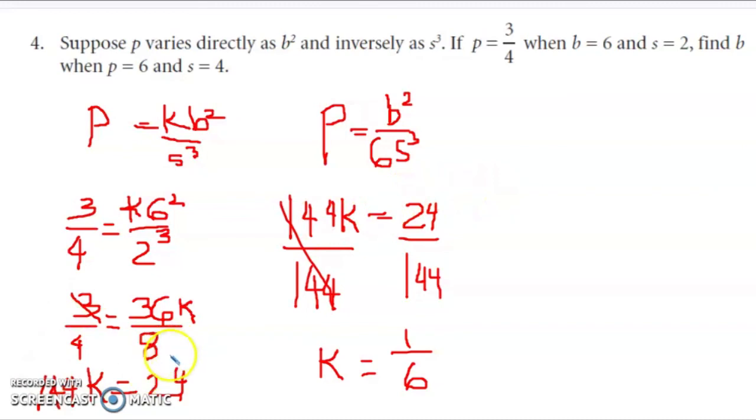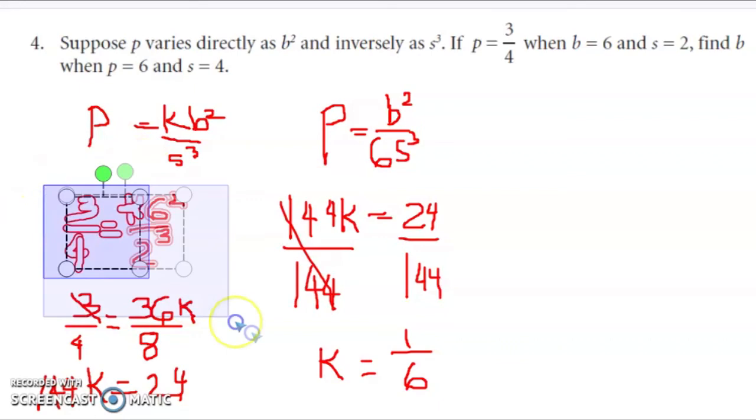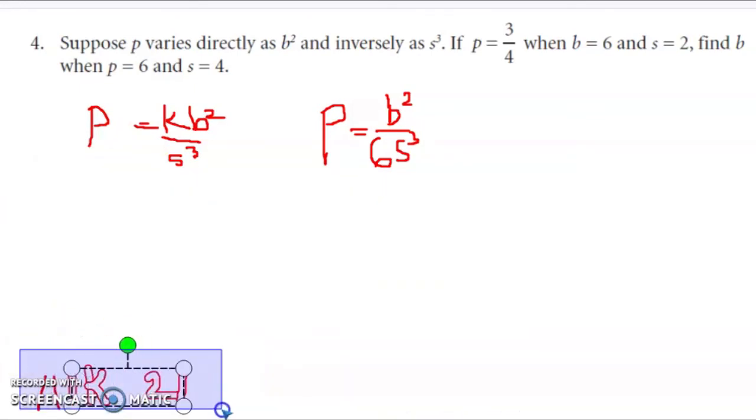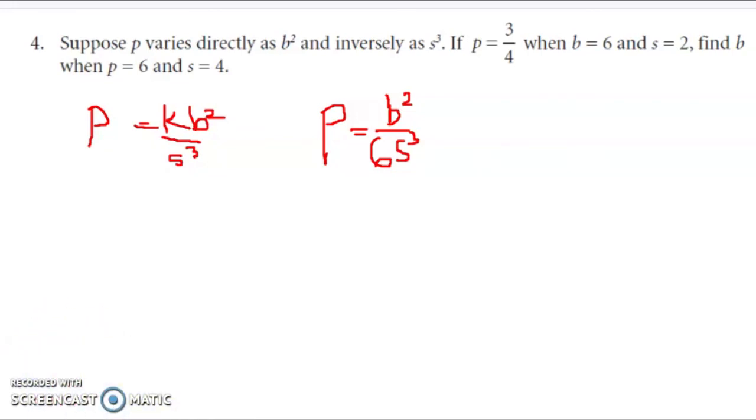Okay. Now let us continue. Let us answer the follow-up question. Find B when P is 6 and S is 4. So let us first delete this. Okay. So P is 6. So I'll be substituting now. So this is our equation.